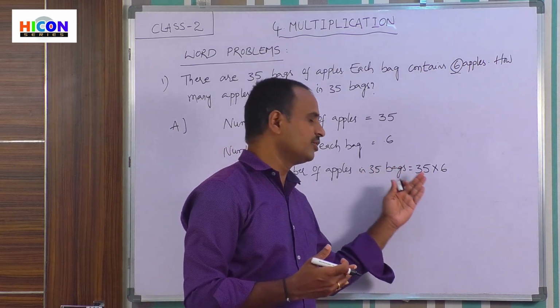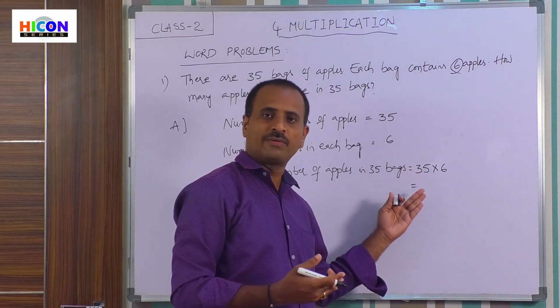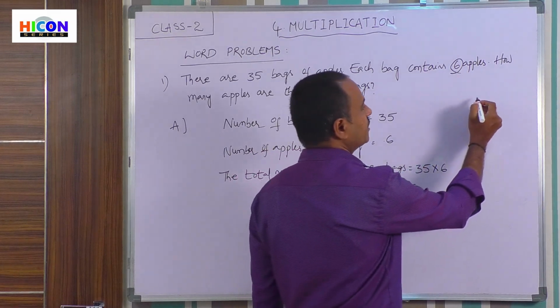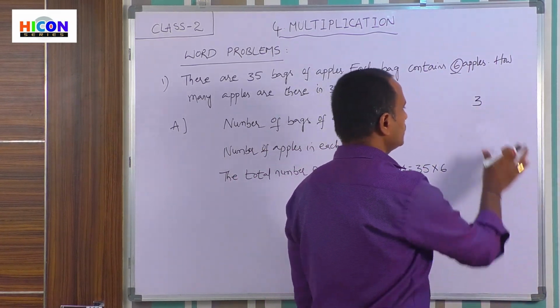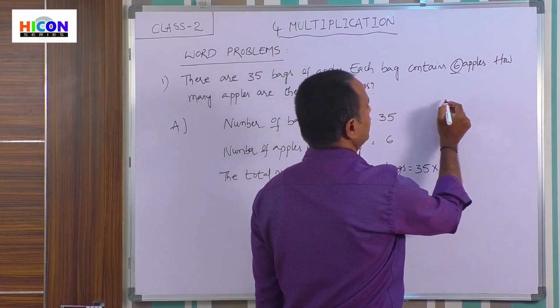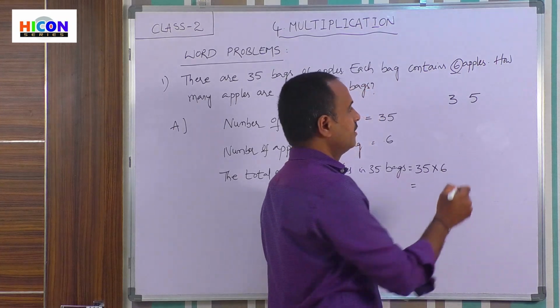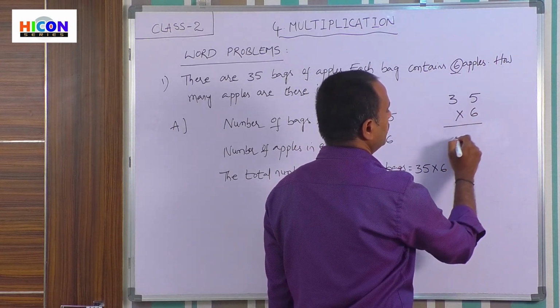So first write these two numbers one below the other. First write the number 35 and then write the number 6 below it. And keep the symbol into.